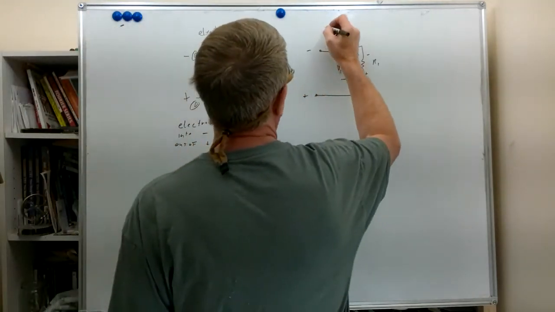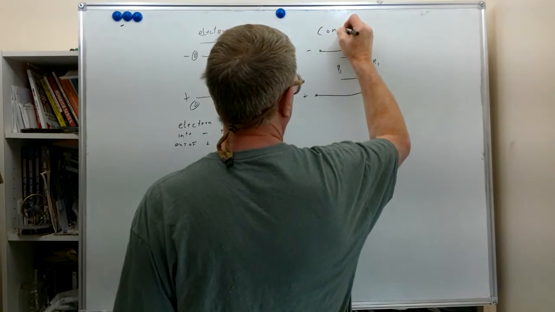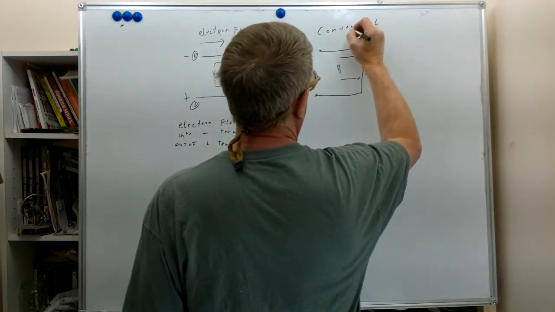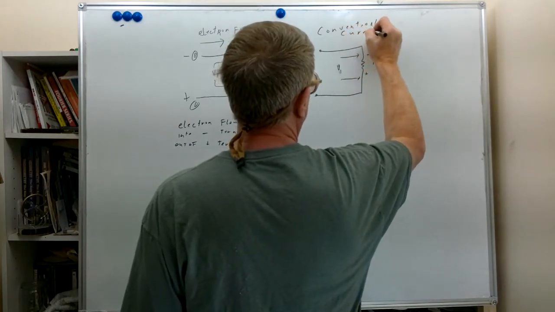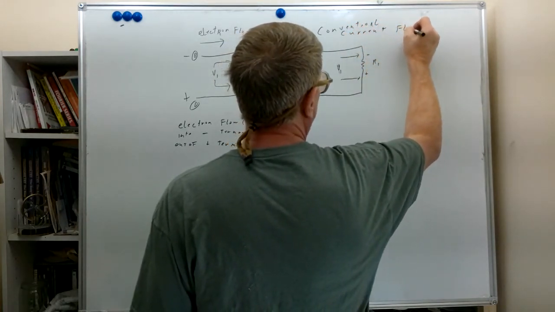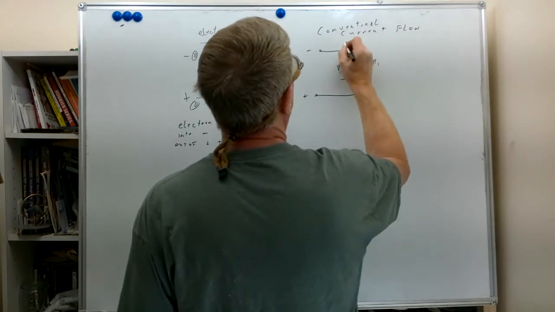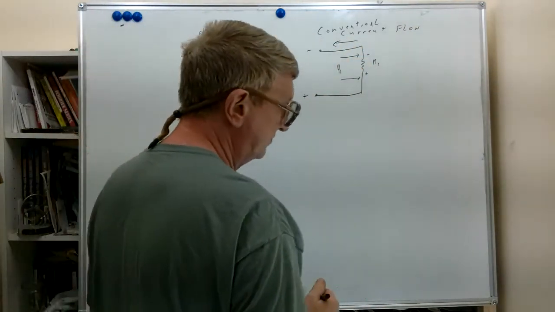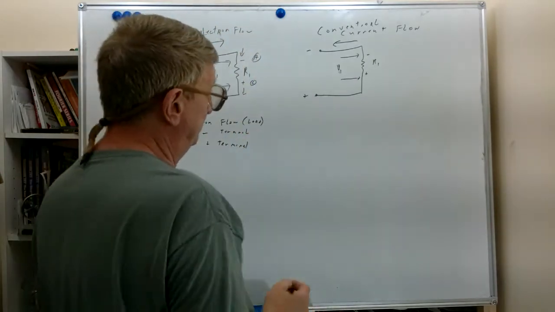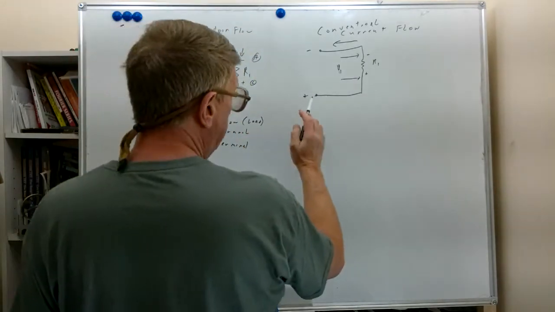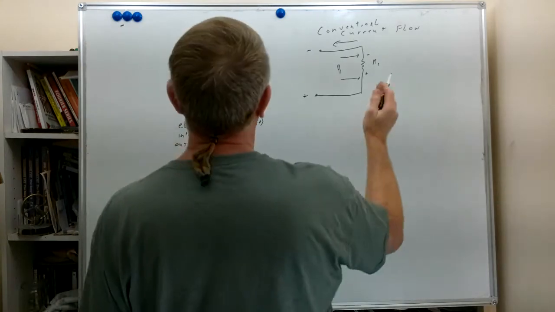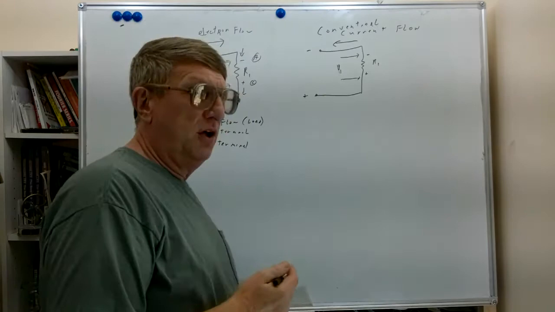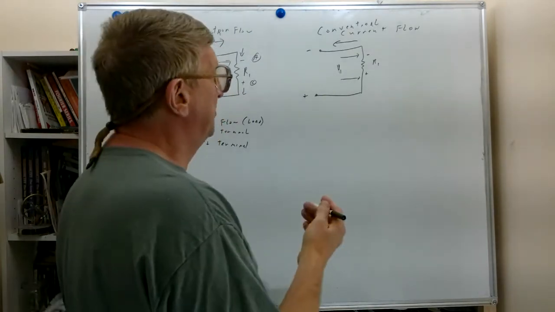Now we're going to talk about conventional current flow. And as we talked about before, conventional current flow flows from positive to negative. We got the same polarities across our resistors as before for the same reasons, but conventional flow is the flow of positive charges.